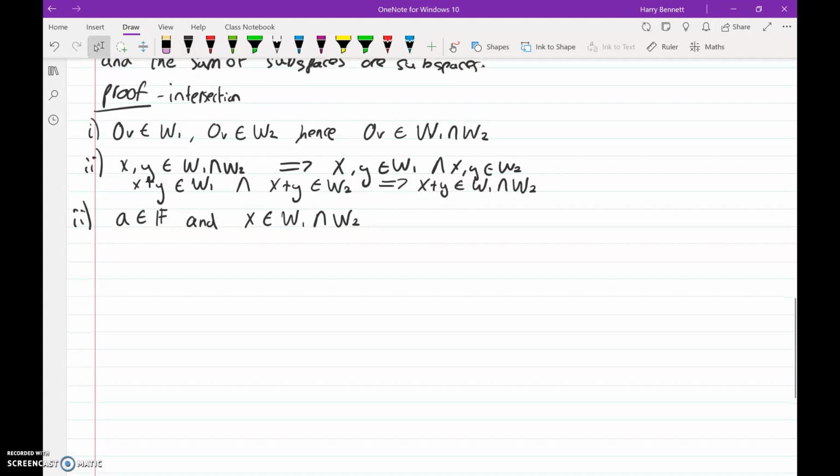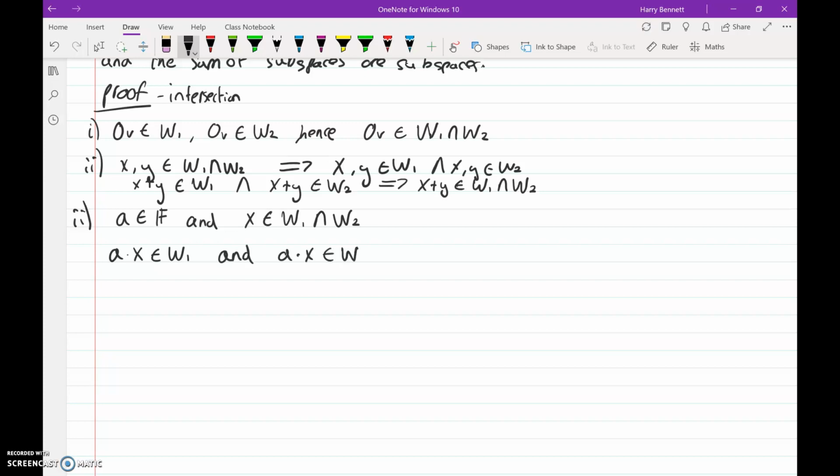Then again, we know that A times x is in W1, since W1 is a subspace, and A times x is in W2, because W2 is a subspace. Therefore, this implies that A times x is in the intersection. This is by definition. Okay, so we've proved the first one.